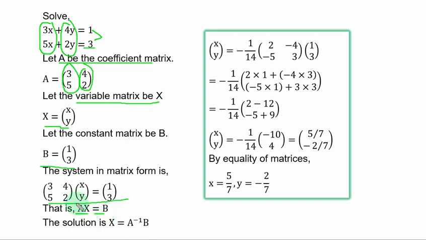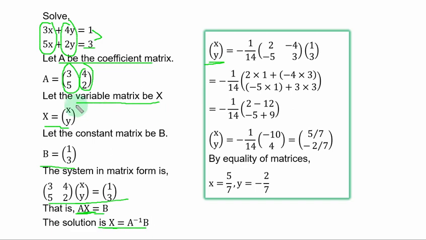We are to get this matrix denoted by capital X. If you make capital X the subject, you use the inverse of matrix A to multiply through. If you do that, you have matrix X equal to inverse of matrix A times B. And this matrix is equal to this.